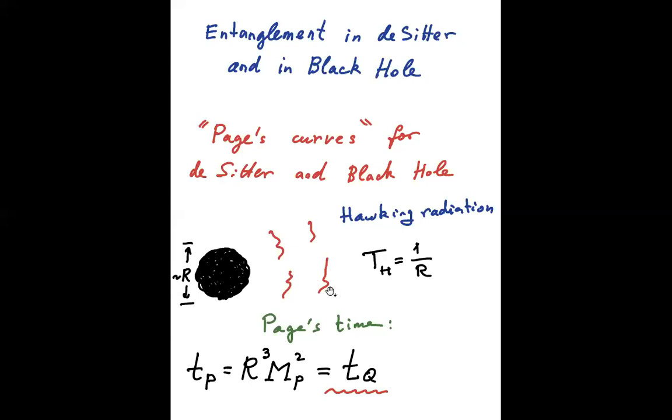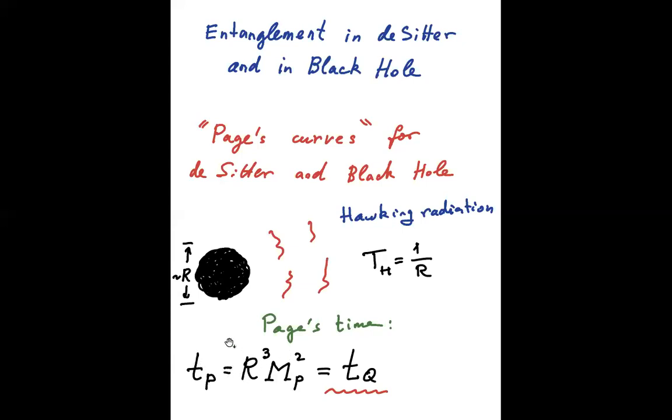Now, what Page argued is that information carried by this radiation, an outside observer, should be able to start resolving this information with order 1 rate after this time. That is essentially a half emission time of a black hole.